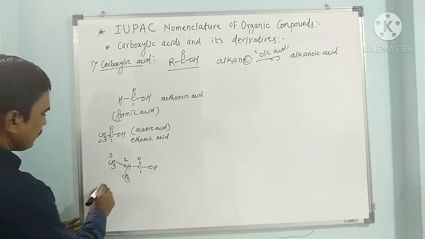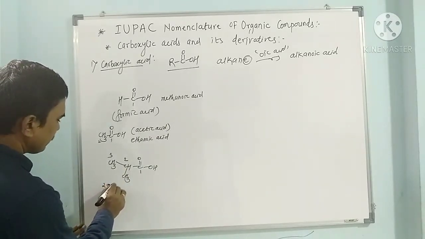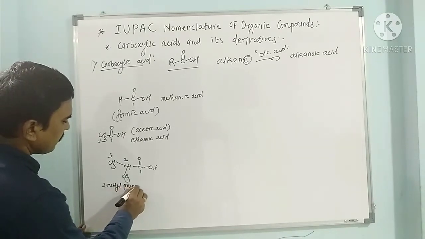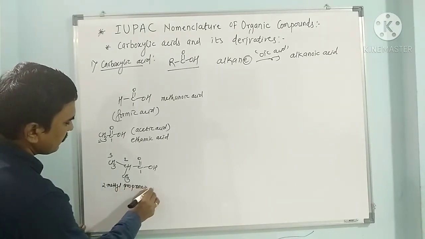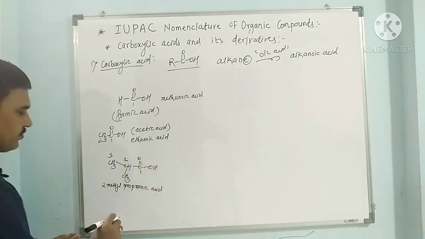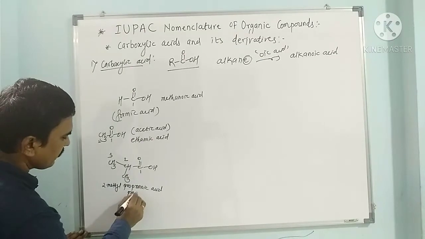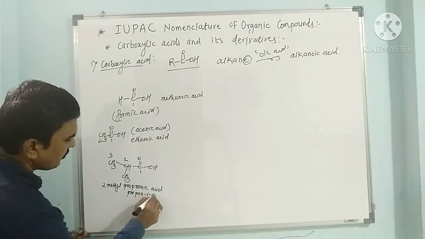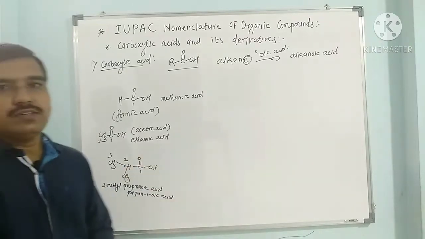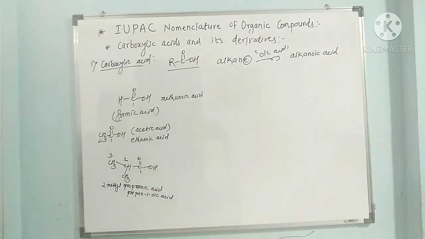The second carbon has a methyl group, so it is 2-methyl propanoic acid, or propane 1-oic acid, just like our earlier nomenclature of organic compounds.